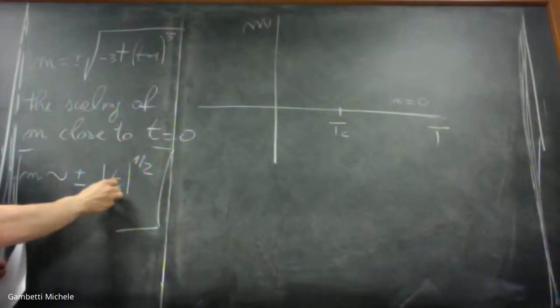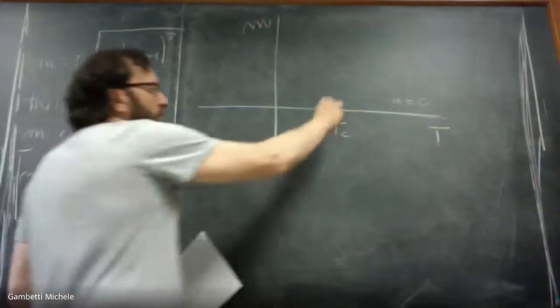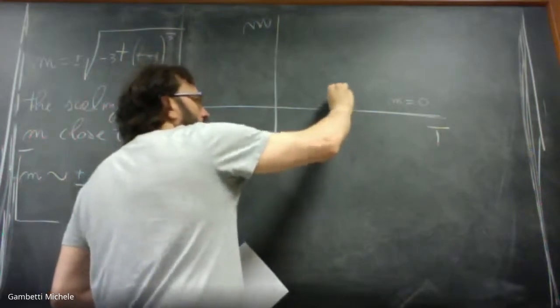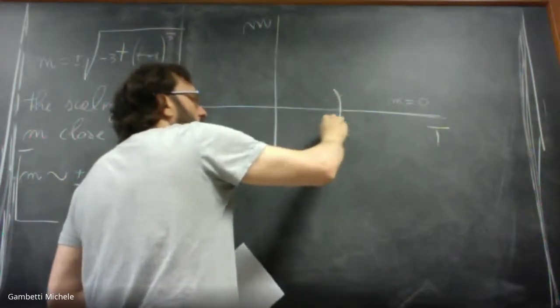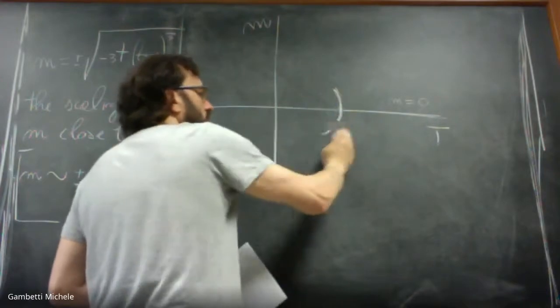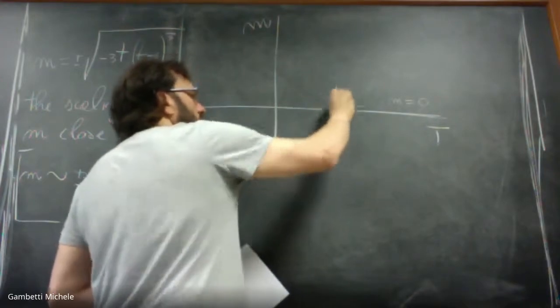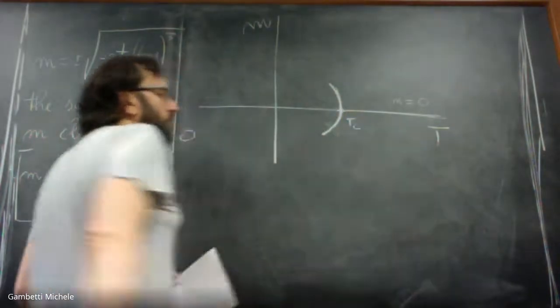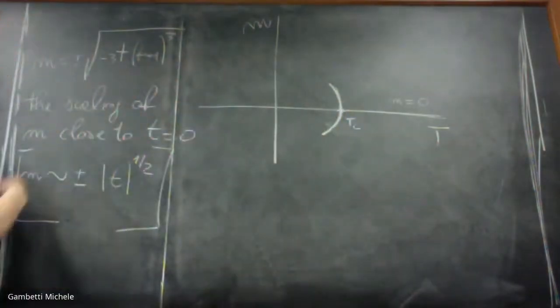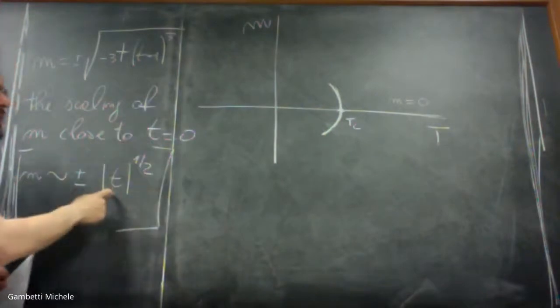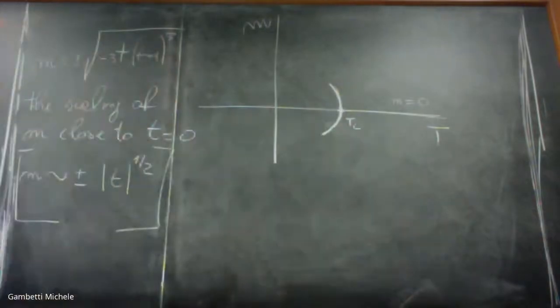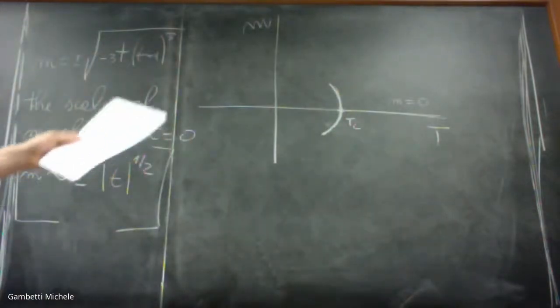and you see that we have a behavior which has a square root. M behaves as a square root of T. Which means that here I have an infinite derivative. So I have something like this. Okay, so if I derive M with respect to temperature, I have a divergence of the derivative there, so therefore the behavior is like that.